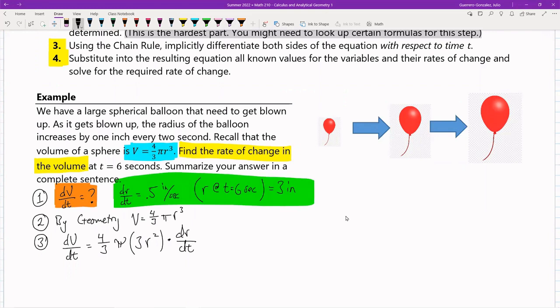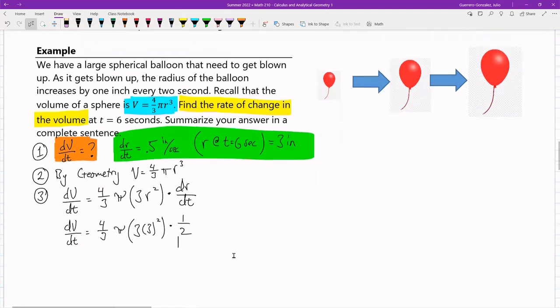So dV over dt is 4/3 pi times 3. We needed the radius at 6 seconds, which was 3 inches. So this is going to be 3 squared times dr dt, which is 0.5. I'm going to switch that to 1/2 because it's math. I can do that.